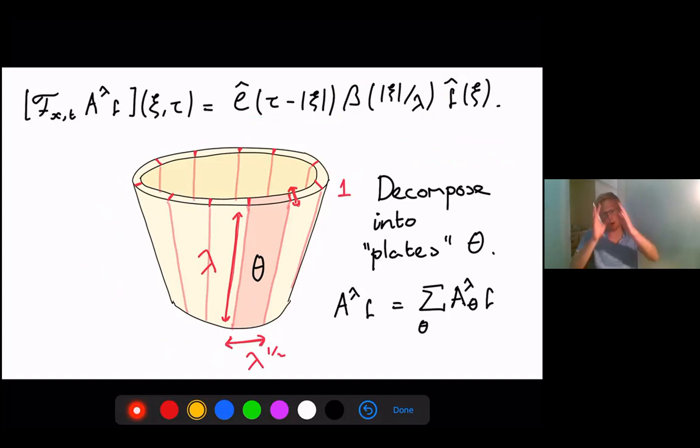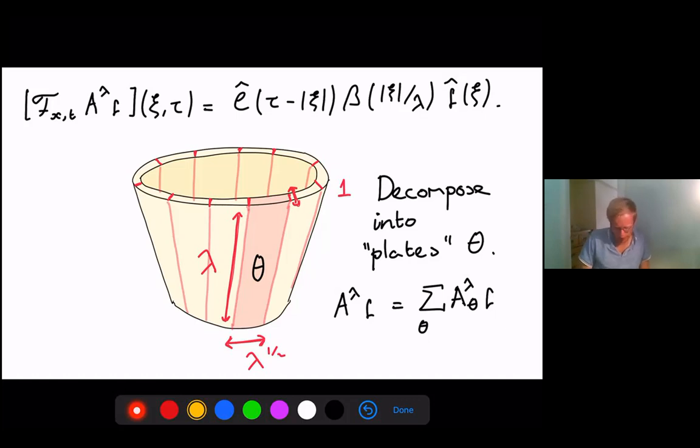These are chosen to be boxes, just rectangles, with dimensions that are adapted to the geometry of the cone. So they have width 1 in the normal direction to the cone, corresponding to the fact that we're on a one neighborhood of the cone. They go all the way down the flat length of the cone, so they have length lambda in the flat direction.